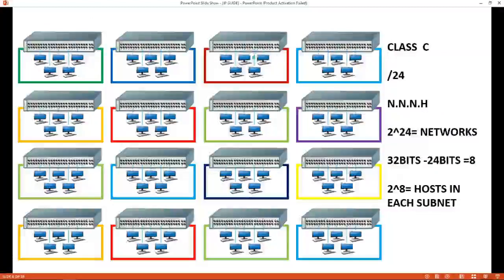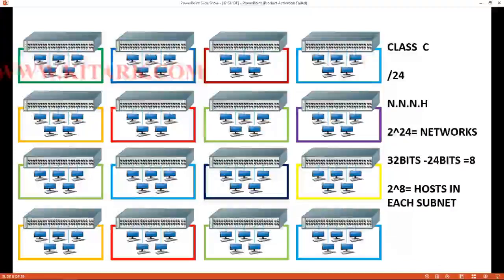Likewise, when we go for class C, slash 24, which is represented as N.N.N.H, it means 24 bits are given for the network portion and the remaining 8 bits are given for the host portion. Here you can have around 2 to the power 24 networks.